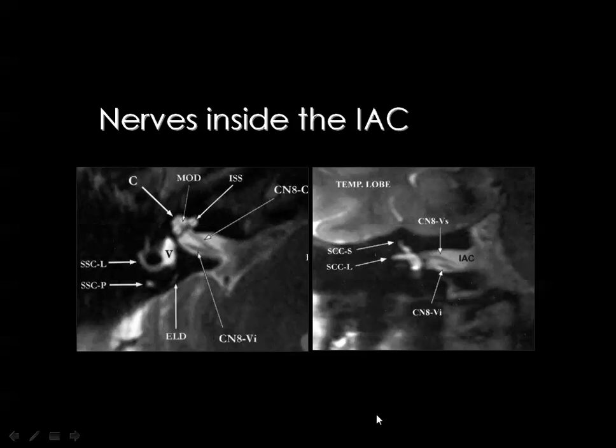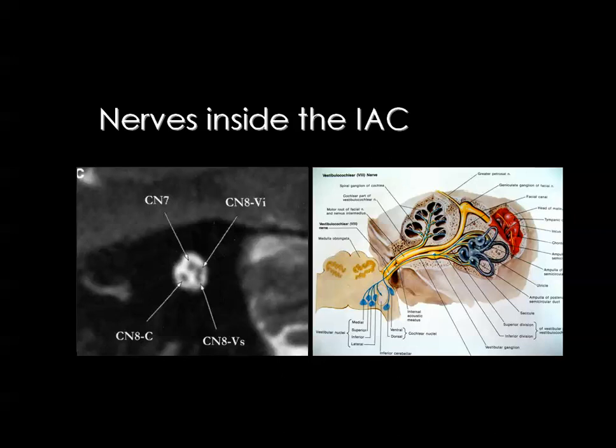Actually, you have 5 nerves inside the internal auditory canal: the cochlear nerve, the facial nerve, 2 vestibular divisions, the superior and inferior vestibular nerves, and the greater petrosal nerve, which belongs to the facial nerve. Actually, we see only 4 nerves, and these can be discriminated from each other if you have a sagittal T2 weighted image of the internal auditory canal.